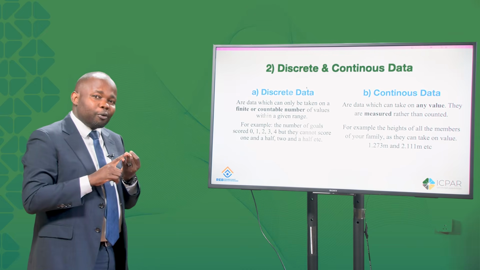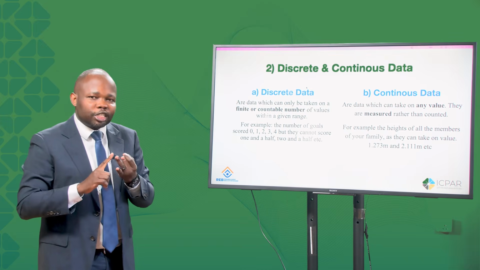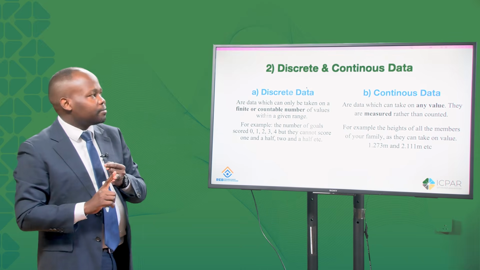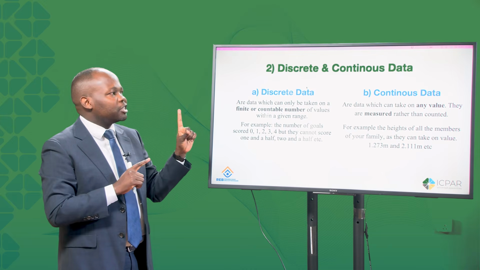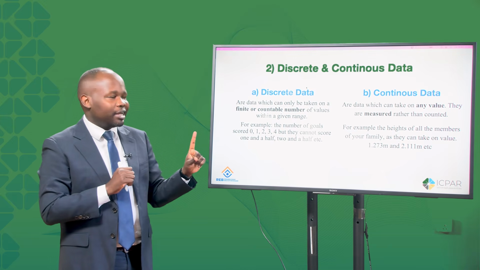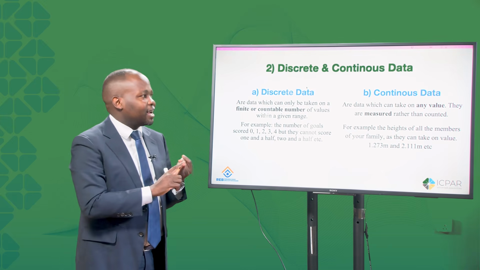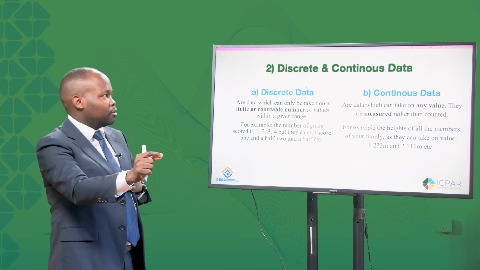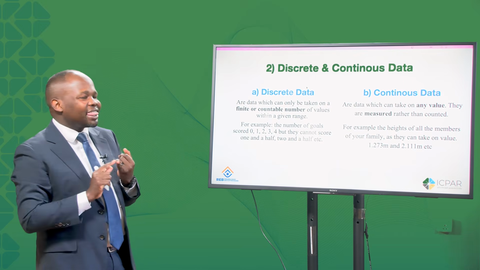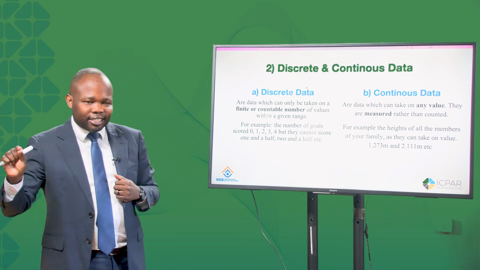The second type of data is what we call discrete and continuous. Here we need to be attentive because there is a small difference between the 2 forms of data. Discrete data is data that can be counted. This is data that is finite.